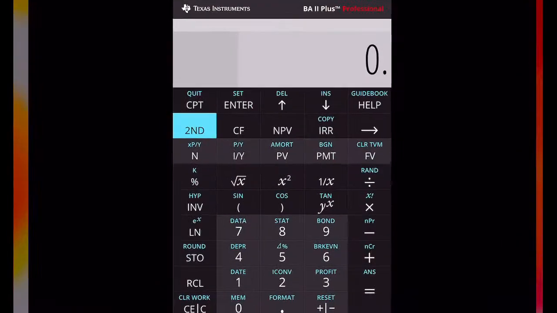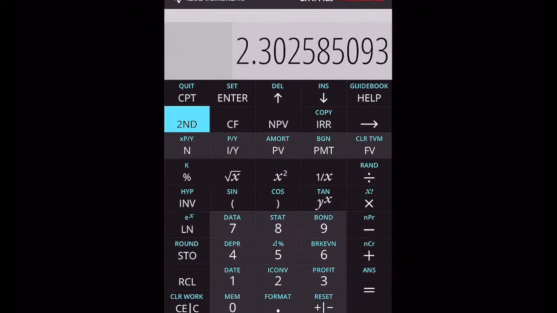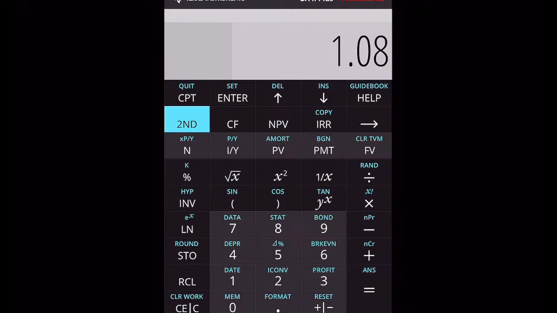So log 10, so 10 log, divided by 1.08 log. Yeah, that works. And we get the same answer. The calculator is a little bit low. I'll put it up a bit.